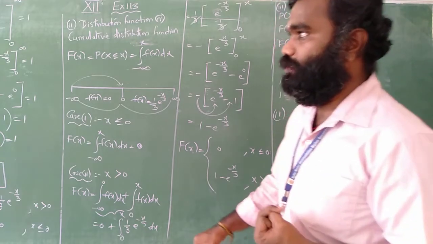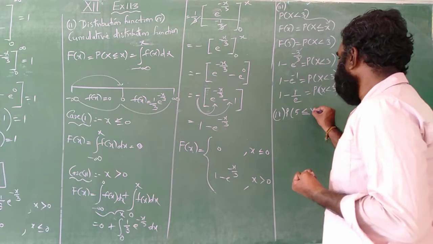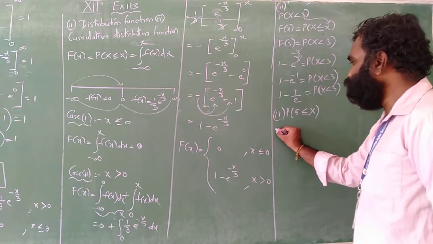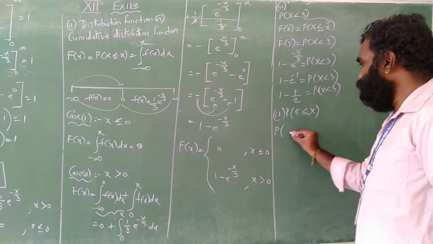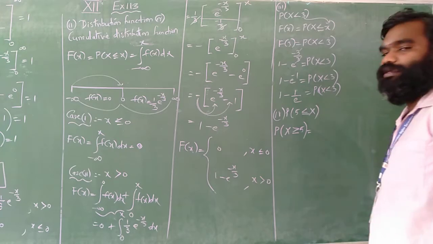Next, the fourth subdivision. P of 5 is less than or equal to x. For this we need to change the inequality. P of x greater than or equal to 5.